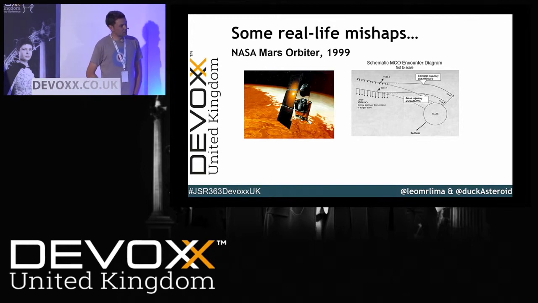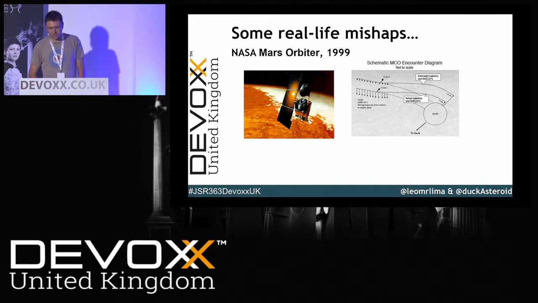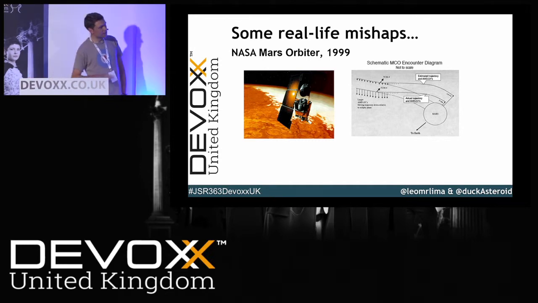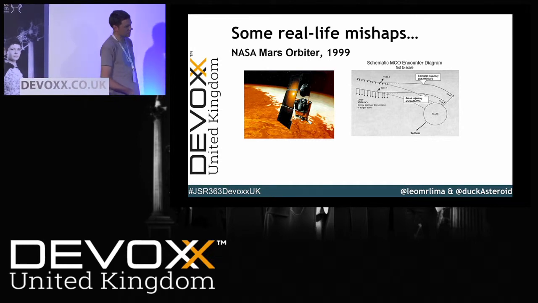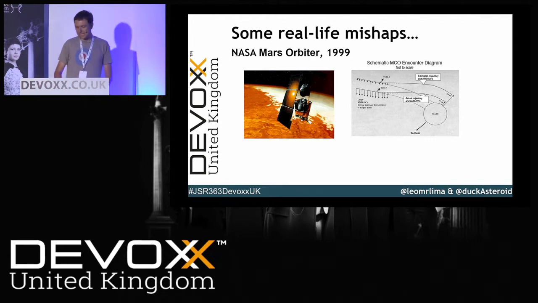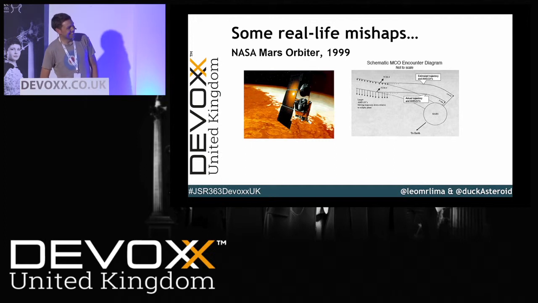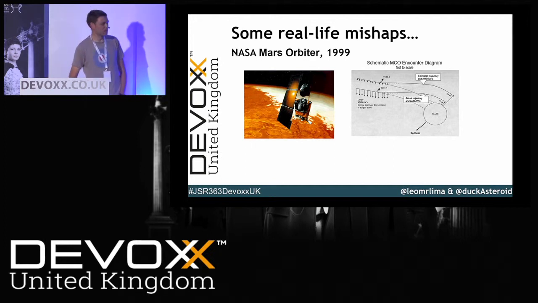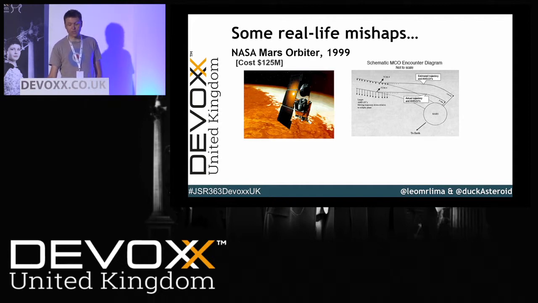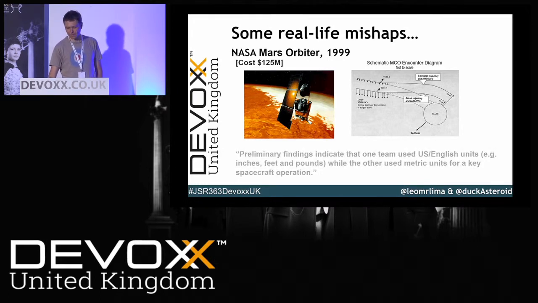The NASA Mars Climate Orbiter from 1999 was meant to glide gracefully around the Mars surface, analysing the climate of the planet. Instead, it analysed it rather closely and burnt up in the atmosphere of Mars and was never seen again. And I think it cost $125 million down the pan in getting that probe all the way to that planet.